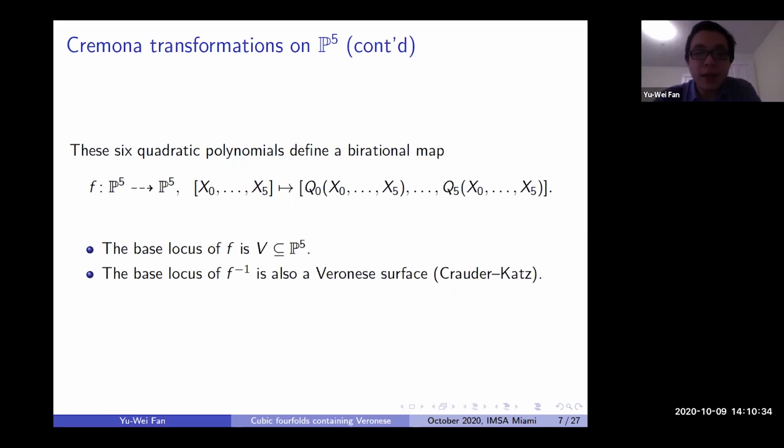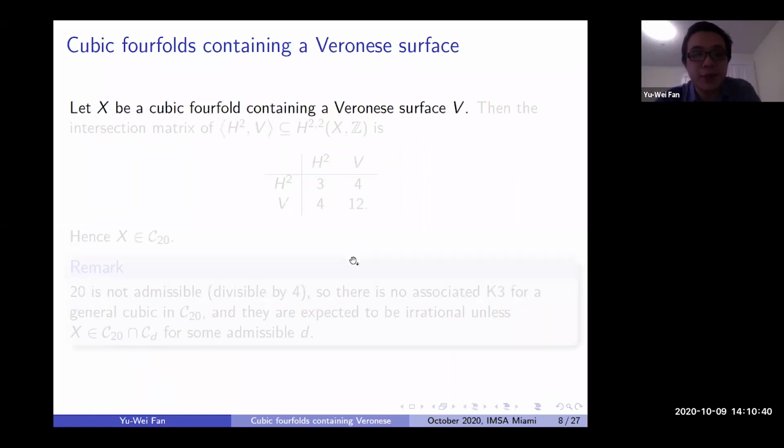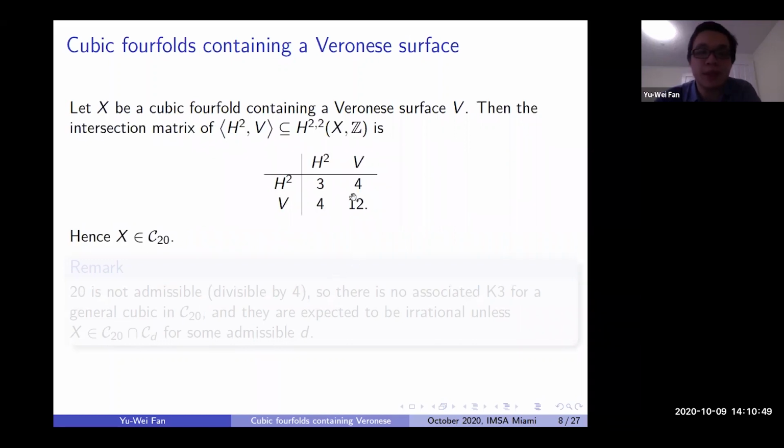Now we have these Cremona transformations, and we look at the cubic fourfolds that contain a Veronese surface. If we compute the intersection matrix, then we get a lattice of discriminant 20. That's why in the result we have this C20.